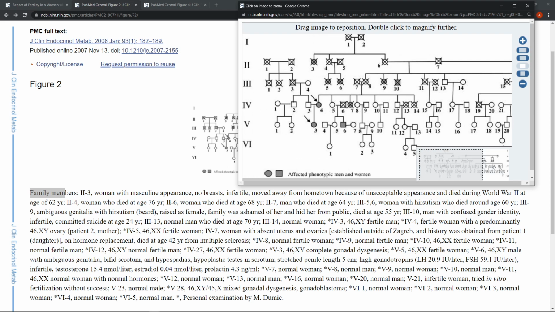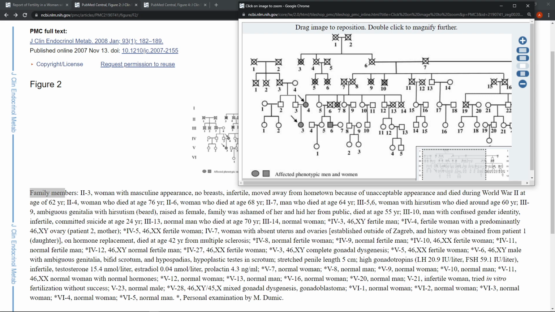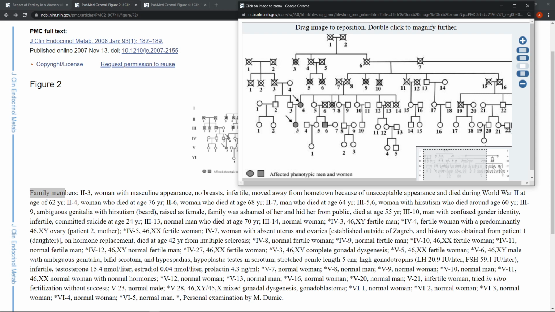5-3. This is patient 1. This is the teenage girl who was XY with complete gonadal dysgenesis. 5-5 is a normal fertile woman, XX. 5-6 is an affected man. So what happened here? We have ambiguous genitalia, intersex apparently, bifid scrotum, which means there's a cleft in the scrotum.